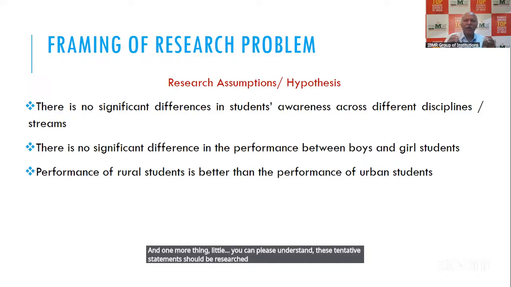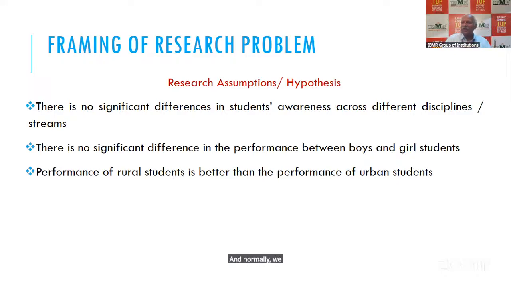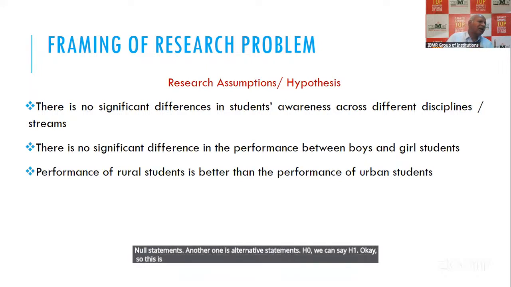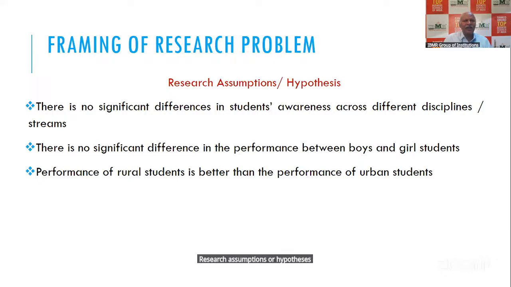Normally we formulate two types of tentative statements. One is null statements, another one is alternative statements. H0, we can say H1. Okay. So this is about research assumptions or hypothesis. Please see.